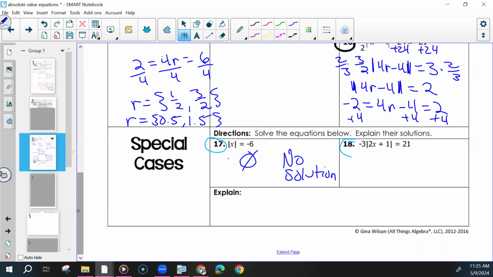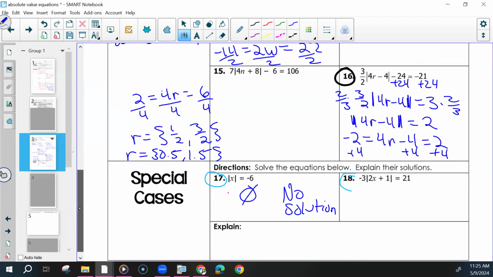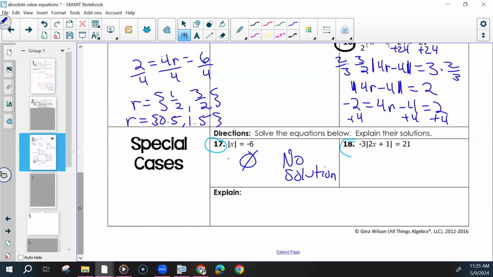It may have started off that way, but then it became a positive. It has to be a positive once it's finally isolated. You may not know that until you start to solve it. So like this looks like a normal problem. If I divide both sides by -3, I end up with a negative, and at that point, you can't solve it.